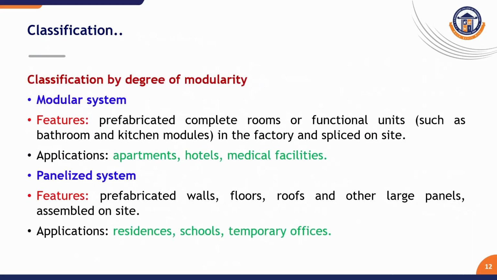The classification by degrees of modularity is modular systems, panelized systems, and componentized systems. In modular systems, complete functional units such as bathrooms and kitchens are made in the factory and spliced on the sites. Whereas in panelized systems, prefabricated walls, floors, and roofs are assembled on-site, which are used in residences, schools, and temporary offices.